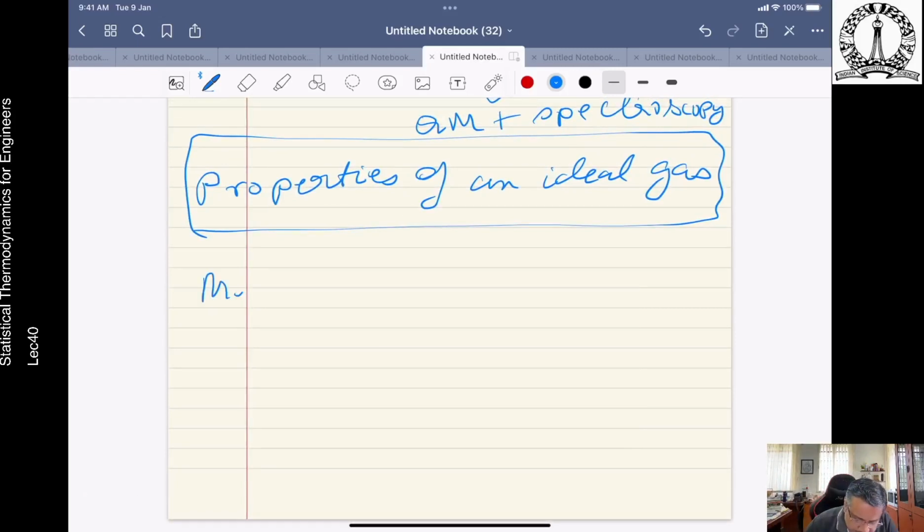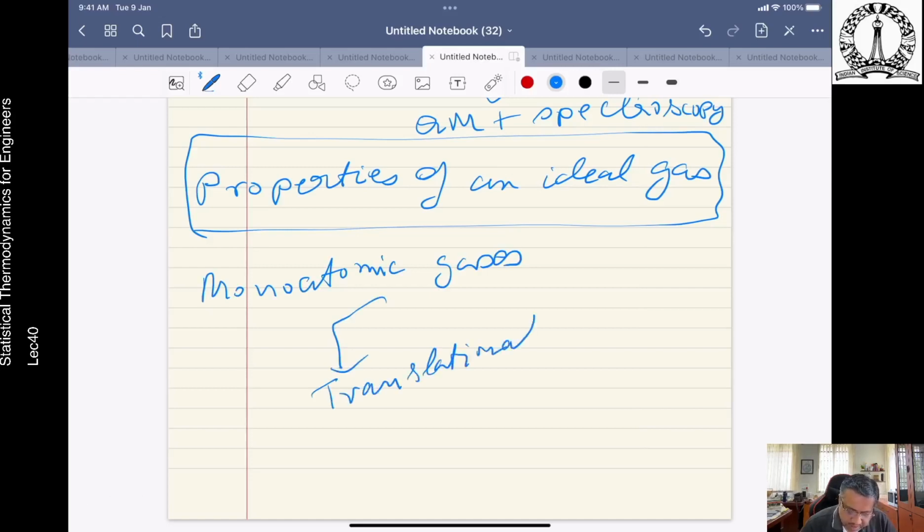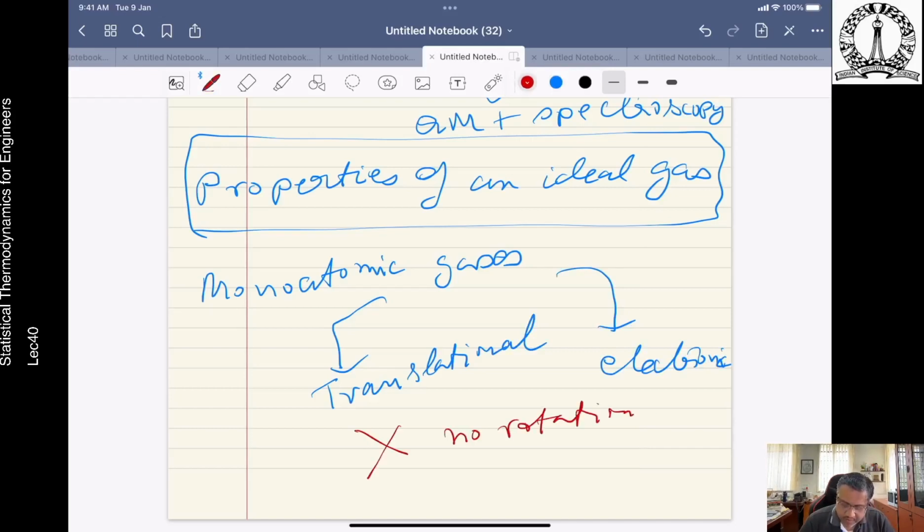So monoatomic gas has the advantage. Monoatomic gases have two modes: one is translational, and the other one is electronic. So no rotation or vibration, not possible, right? Because it's a single atom.